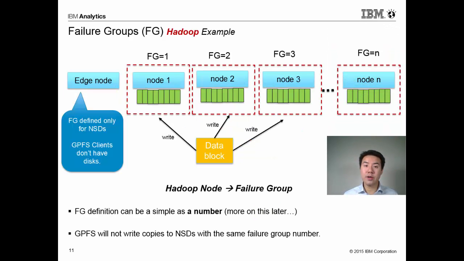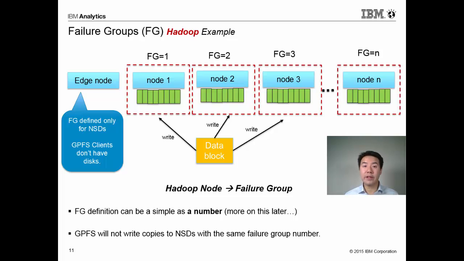So extending this to a Hadoop example, where I have multiple nodes, what I want to do then is define one failure group per node at the very least. And so when GPFS decides to make 3 different writes, it's going to choose 3 different failure groups to make that write. And this is how it ensures that the data is protected. Now a failure group can be just a number.